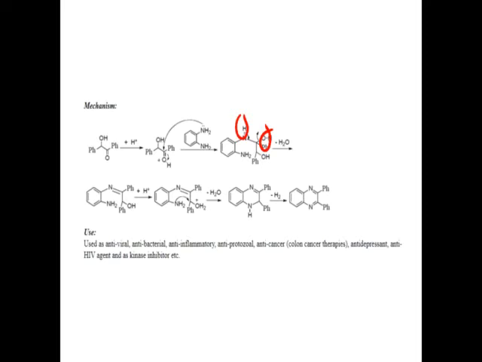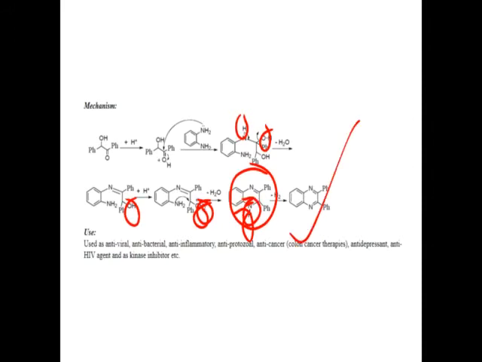In the next step, again in the presence of H plus ions, this hydroxy group gets H plus ions, so it forms OH2 plus. When it gets OH2 plus, it is removed in the form of a water molecule, and we get this type of structure. And finally this hydrogen is also removed, and a double bond is formed.